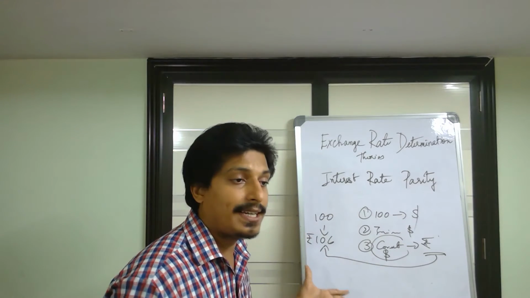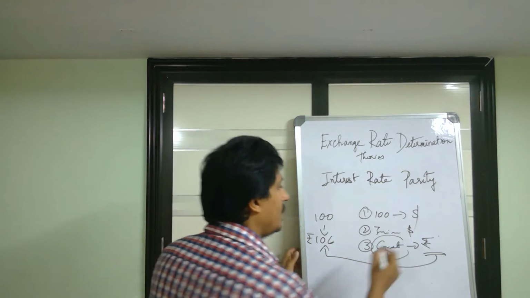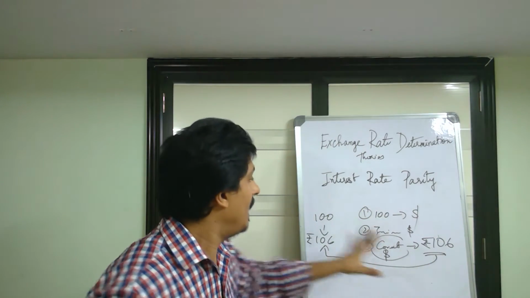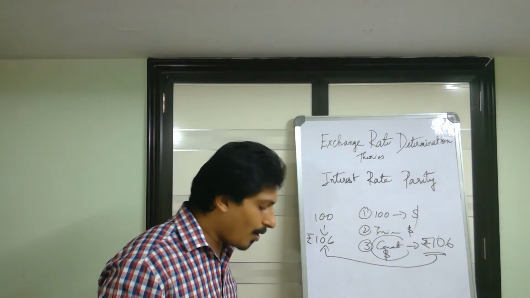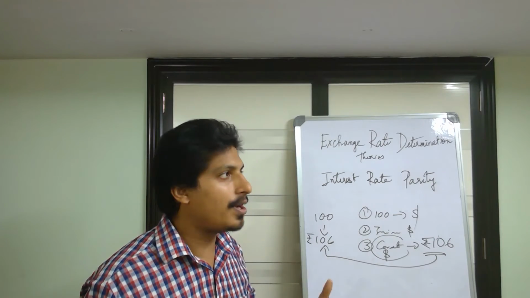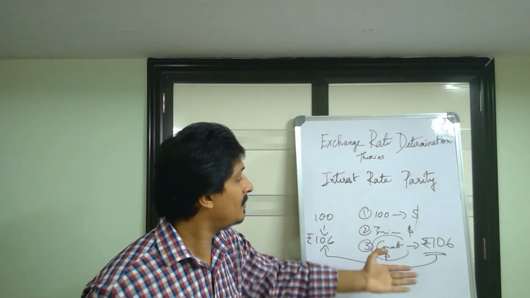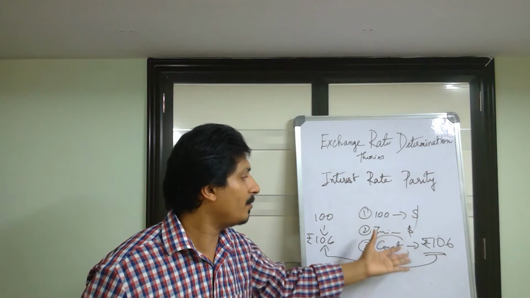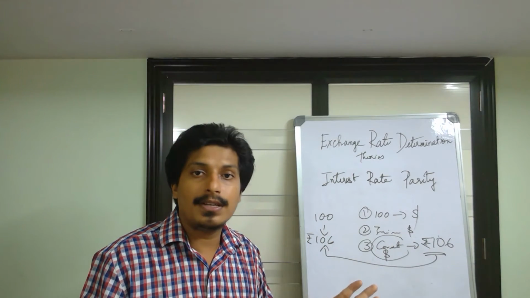Or you could also say that if there is interest rate parity, and the converted dollar comes back to 106, I will not think of going and investing in US. There is no point in converting to dollars, finding dollar bonds and then converting dollars back to rupees when the return is the same. You will be indifferent.